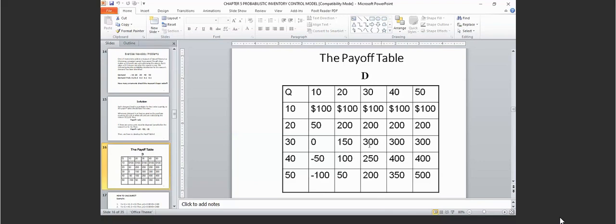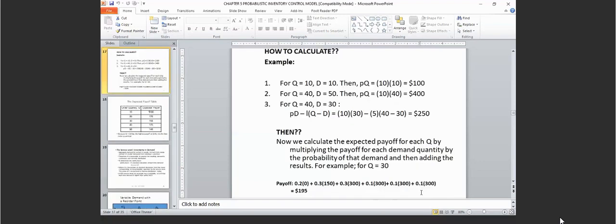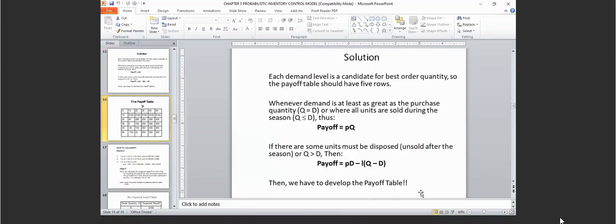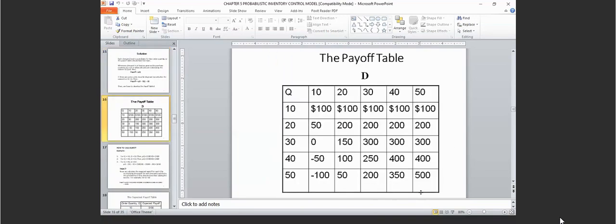This process we repeat until we fulfill all the expected profit in each of these cells. Okay. Any questions before we proceed to the next step of the single period model or newsboy problem model?